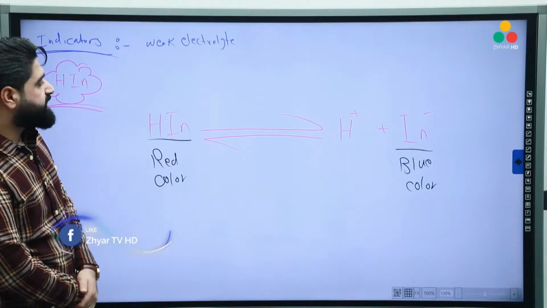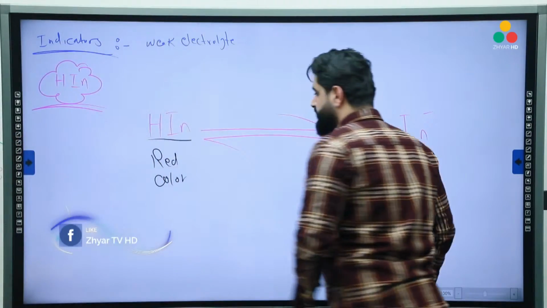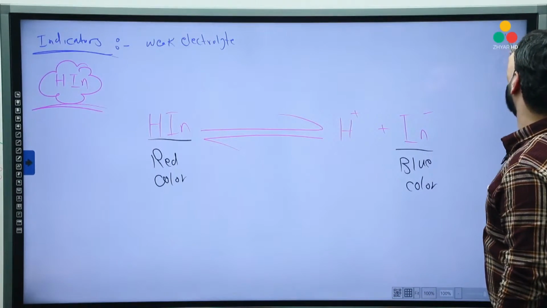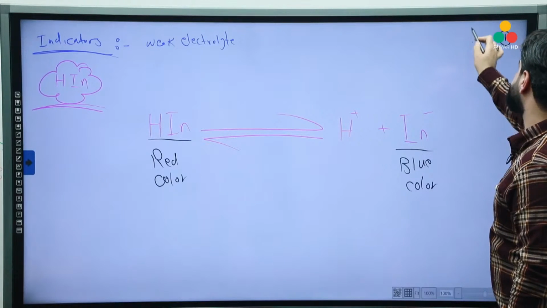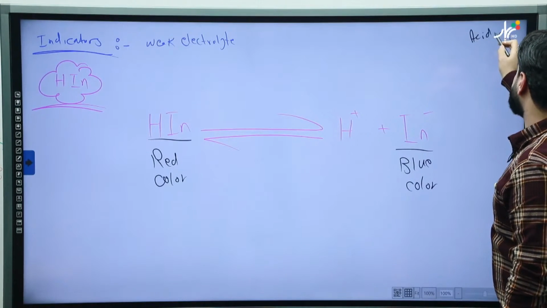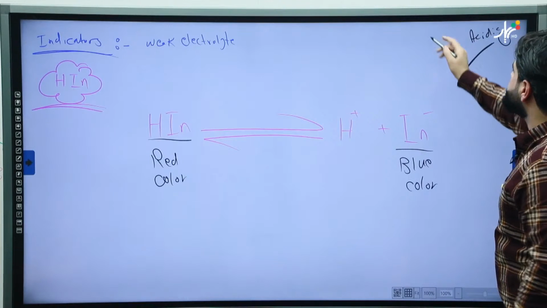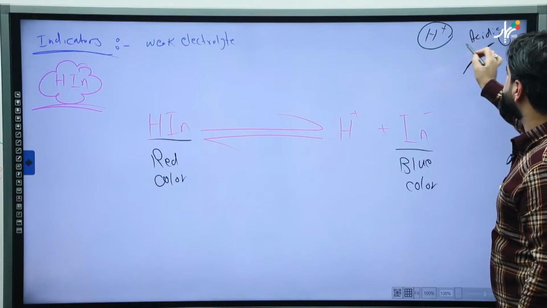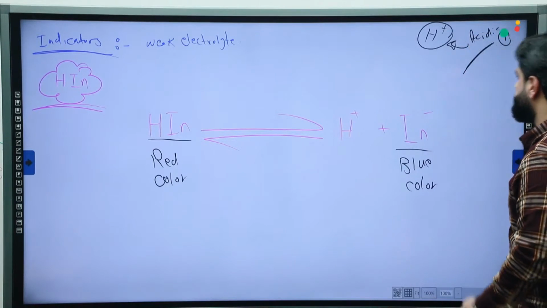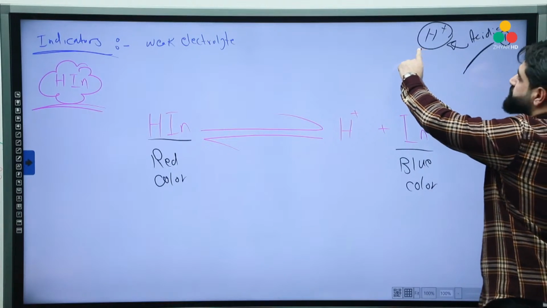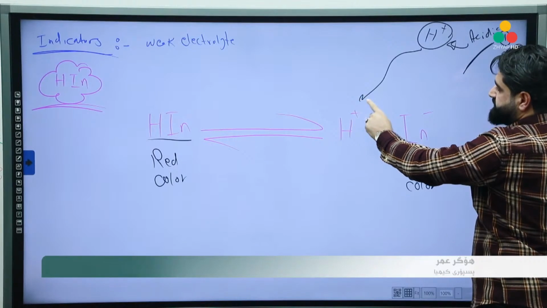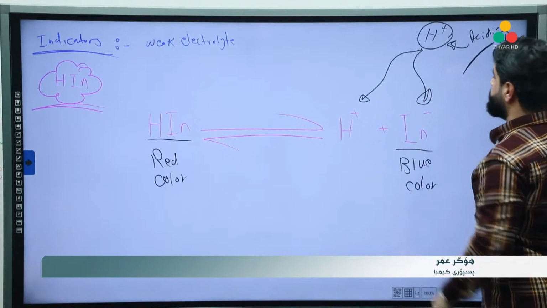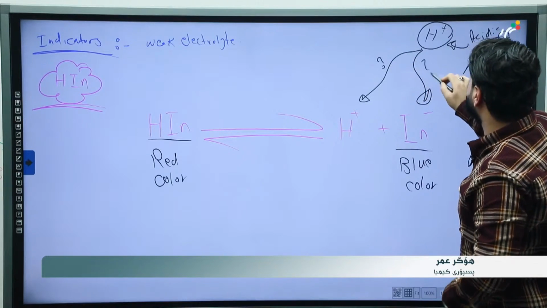So how does it act in an acidic medium? Suppose that the medium is acidic. In an acidic medium, we have a lot of H plus produced by the acid. So there are two options for reacting: with H plus or with In negative.